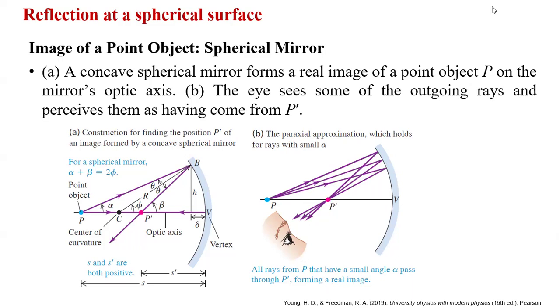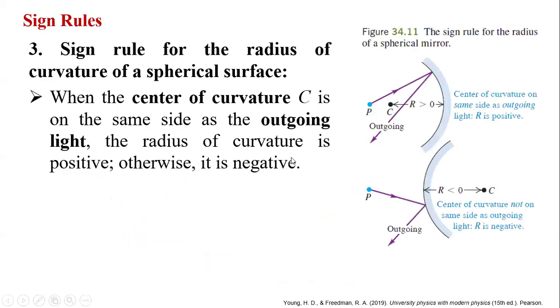It's not a virtual image, but a real image now. So what is the relationship between the image distance, the object distance, and the radius? Okay, let's derive the relationship.